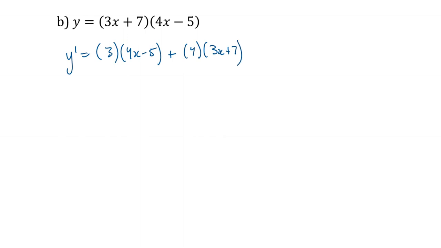What if I wanted to simplify this fully? What if that was the expectation? Or what if I was doing something with it where it was in my interest to have a more simplified expression? So I would get 12x minus 15 plus 12x plus 28, 24x plus 13.